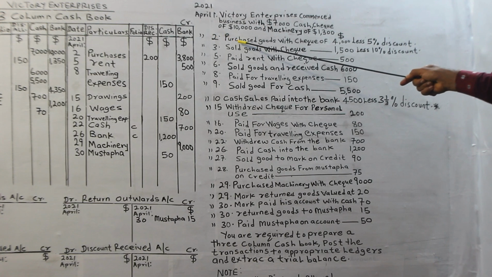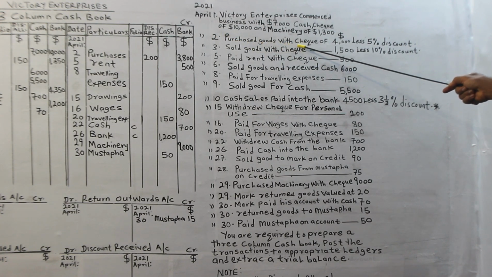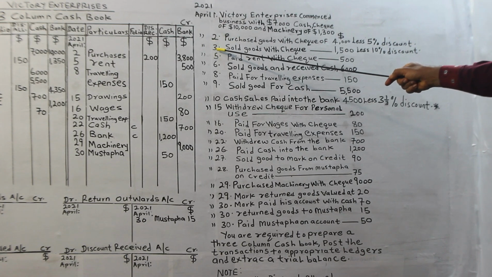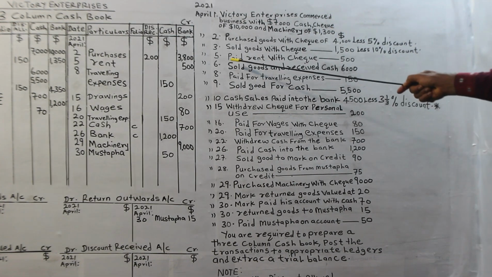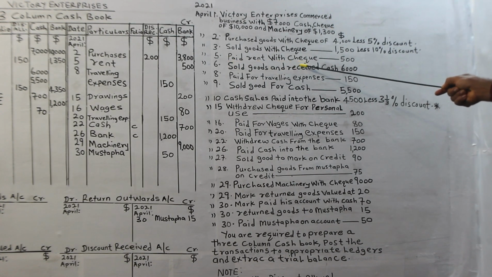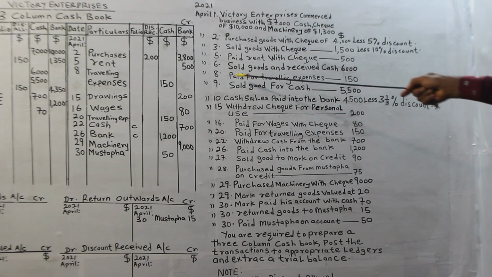April 2, purchase goods with check of $4,000 less 5% discount. April 3, sold goods with check $1,500 less 10% discount. April 5th, paid rent with check $500.